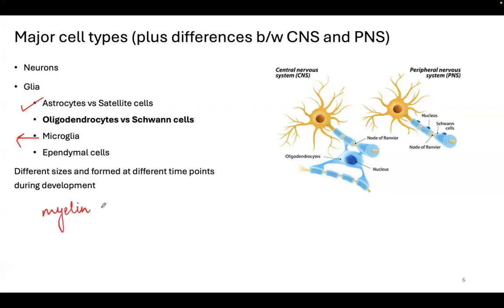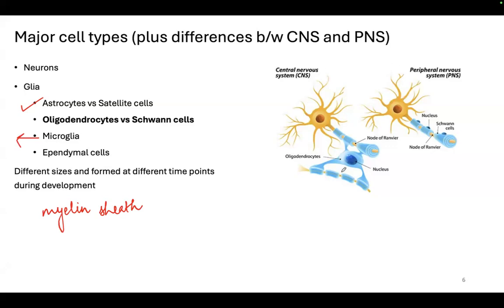And since it's in the form of a sheet, another synonym for sheet is actually sheath. So it's called the myelin sheath. It's the right term. Now, the way the myelin sheath is wrapped around the neurons of the central and the peripheral nervous system, that's one of the major differences between these two parts of the nervous system.